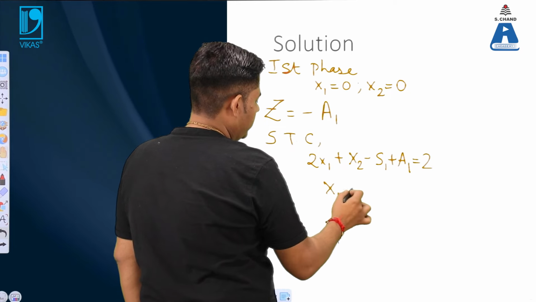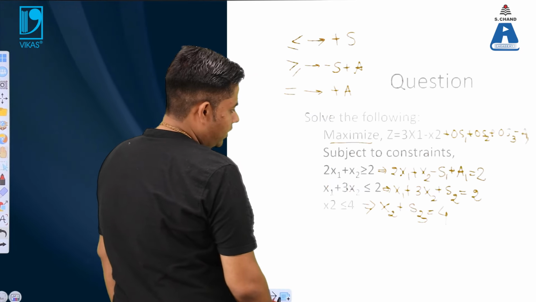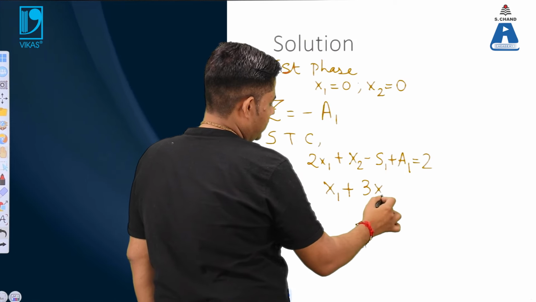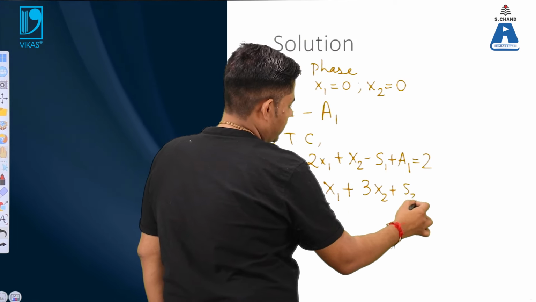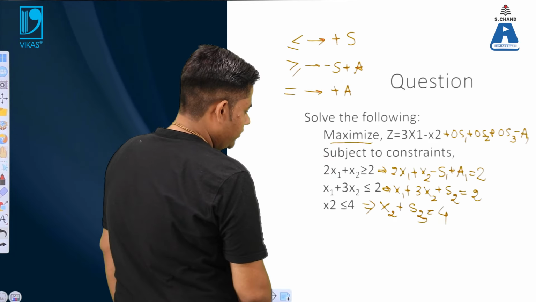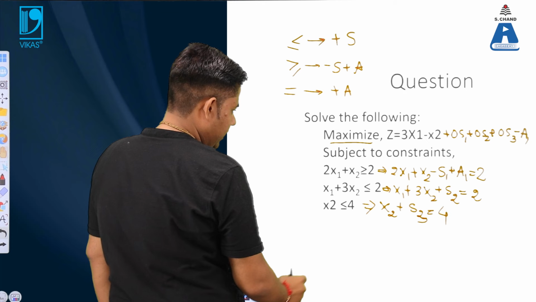Then you have another equation, x1 plus 3x2 plus s2, which is again equal to 2. And you have x2 plus s3 equals 4.